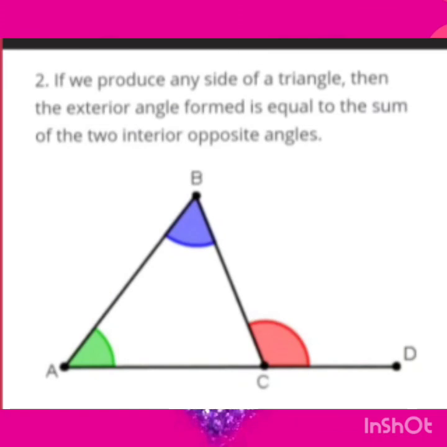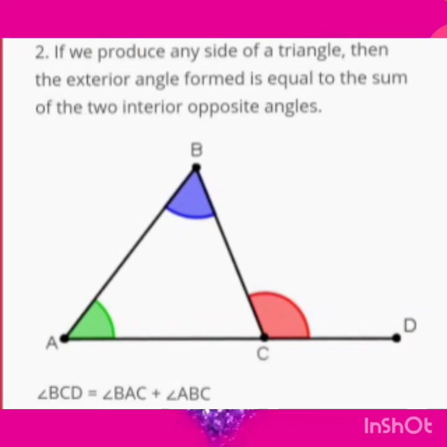So dear student, here on your screen you are finding one more triangle. This is the second property, which is very important to learn. On your screen you are finding, if we produce any side of a triangle, then the exterior angle formed is equal to the sum of the two interior opposite angles. Dear student, this is a very important property which we can't miss.